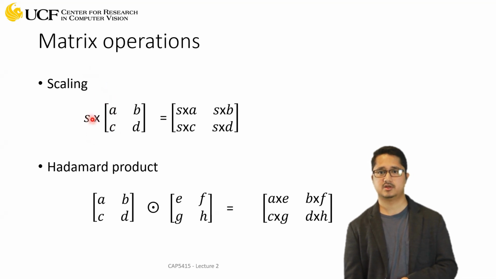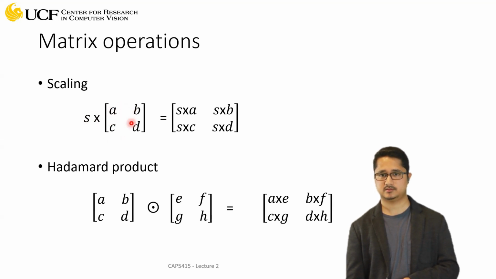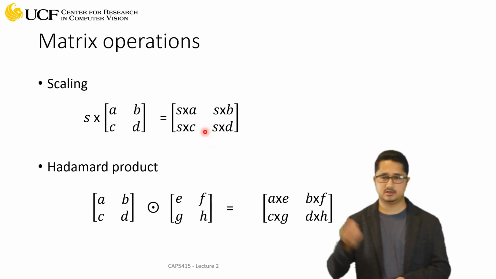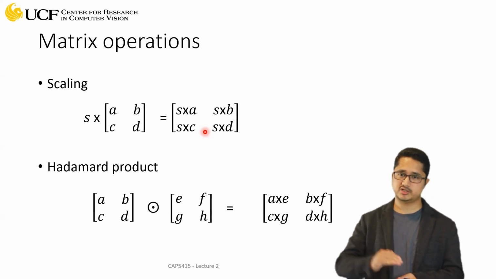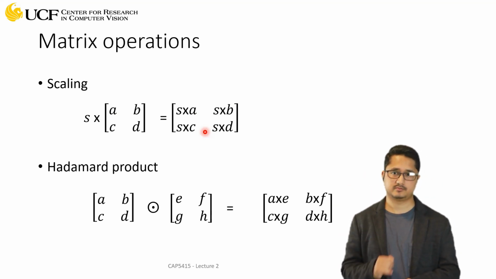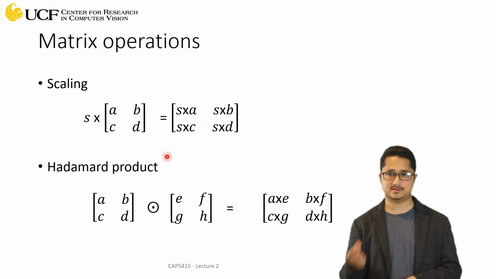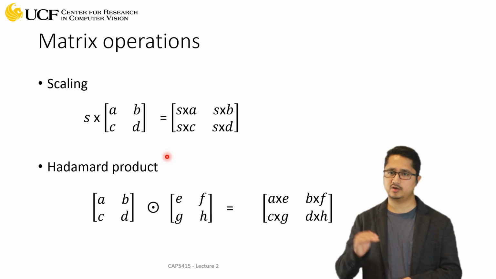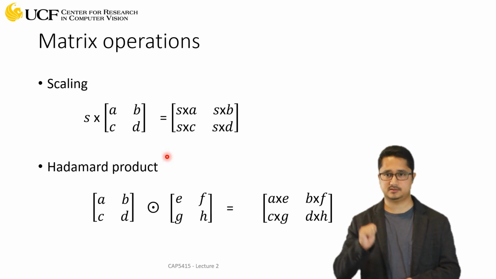What's happening here is you are multiplying one number with all the values in that matrix, or it could be an image as well, right? You can see that S is being multiplied with all the pixel values. So if you perform this scaling operation on your image, then you're changing the color of the pixels. If it's a grayscale image, then you're increasing the intensity of the pixels.